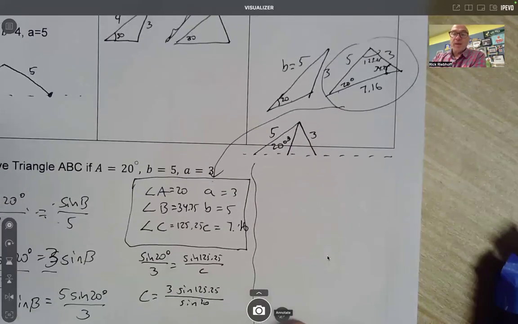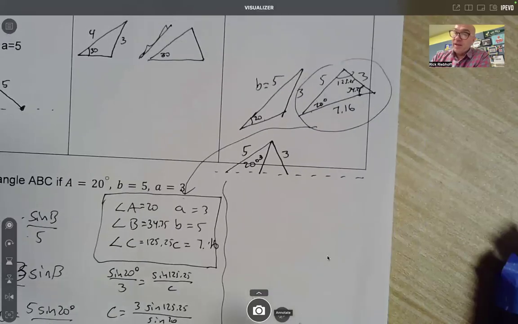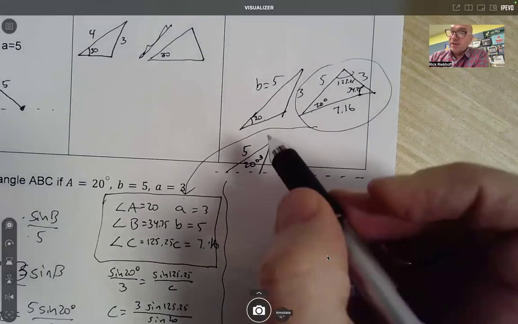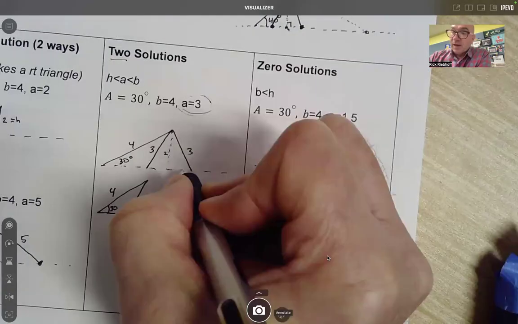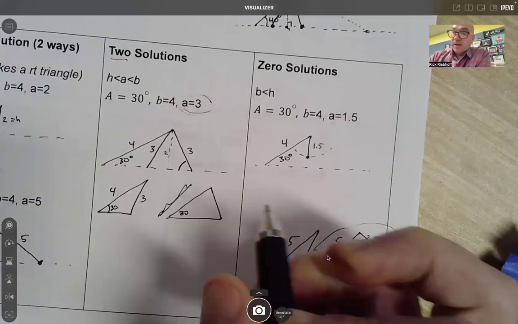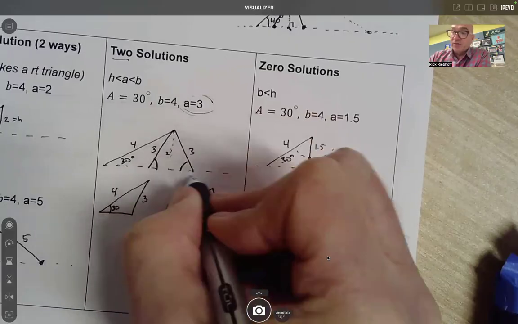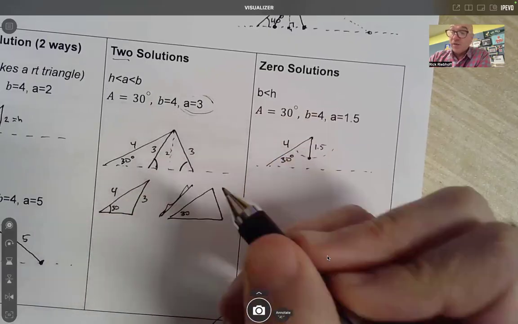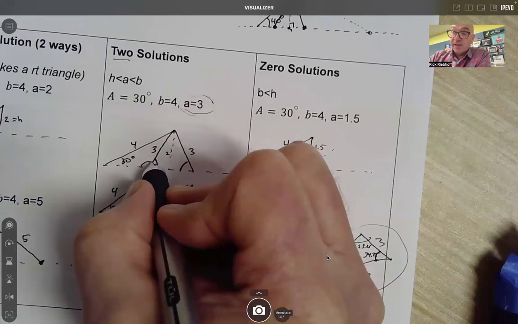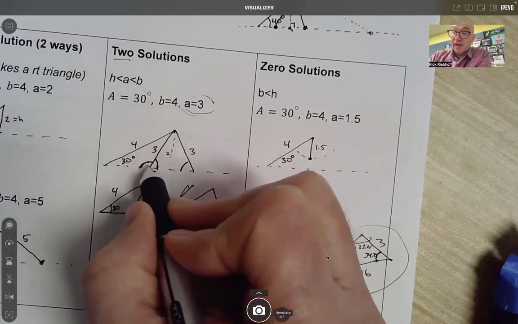So how do I find the other one? Well, thinking about this angle here, let's go over here. This angle here and this angle here, if these sides are the same, just focus on that triangle, this and this have to be equal. So this has to be the supplementary angle to that, right?